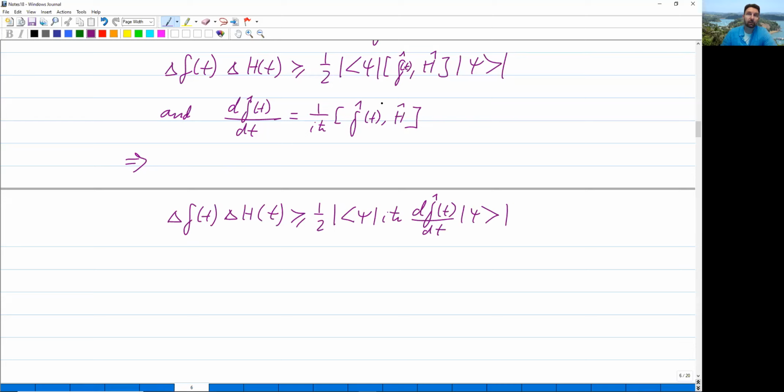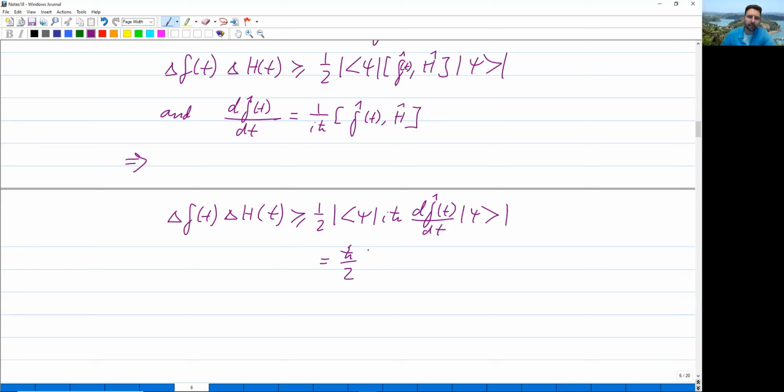I just used that the commutator can be expressed as the time derivative. And what is this then? Well, this is equal to h bar half, because we can pull this h bar out. The i gets obliterated by having taken the absolute value here.